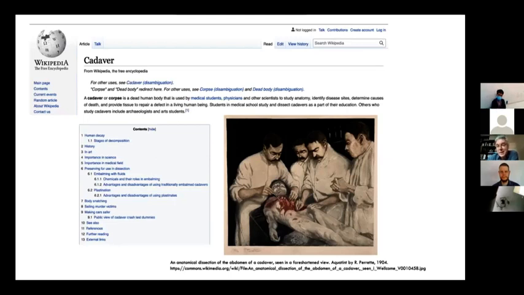a dead body. Now, it's interesting if you look up dead body or cadaver in Wikipedia, and so here I edited, or I just made some extracts from Wikipedia. All of the definition, the entire definition of cadaver, a human body, is entirely as an object. So it's a dead body that's used by medical students, physicians, and other scientists to study anatomy, identify disease sites, determine causes of death, provide tissue to repair, et cetera. So all of these are really treating the cadaver as an object, really something that can be used for a purpose.